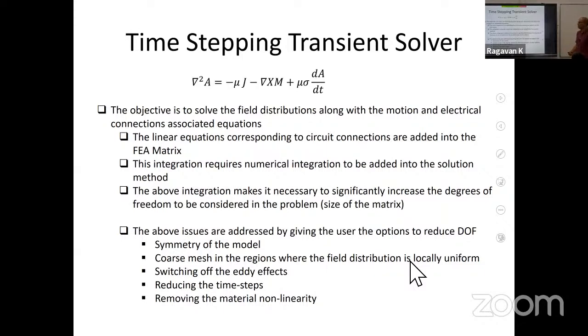But when we integrate the circuit relations into the problem domain, to that matrix which has A1, A2, etc., we also add 2 or more rows as per the circuit connections, which are the current related values, right?